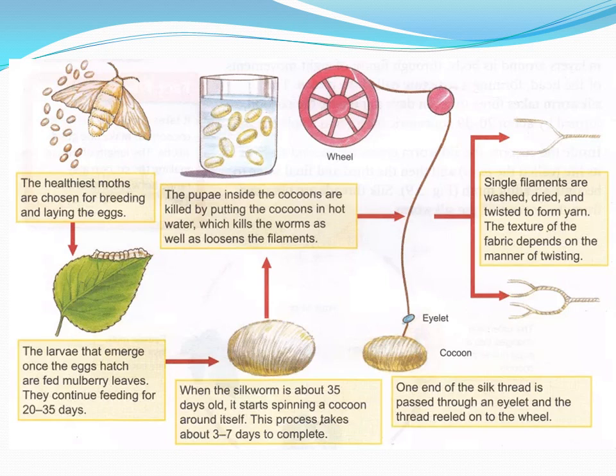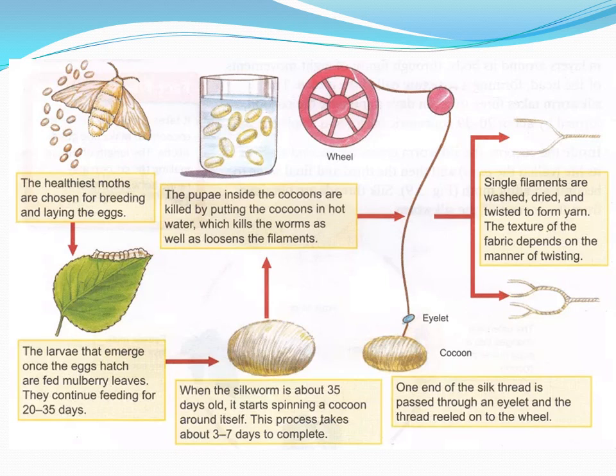After collecting the cocoons, they are put inside hot or boiling water. When we put them inside the boiling water, the pupal stage present inside the cocoon will be killed, and the silk filaments will get loosened, which helps us to take them out easily.